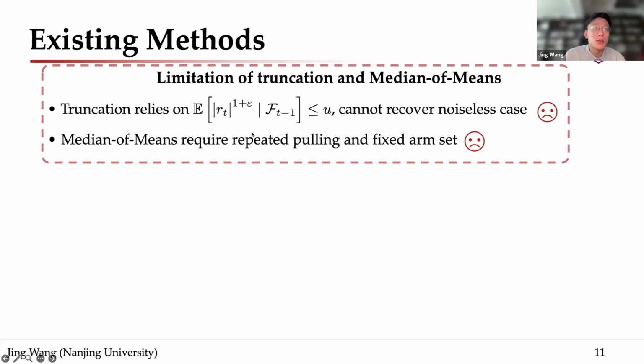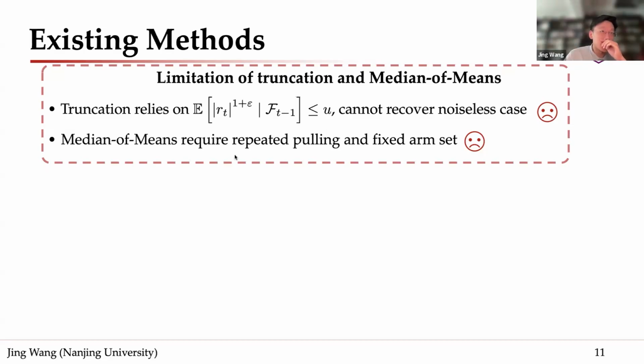But truncation always relies on the 1 plus epsilon moment of the reward being bounded. So this cannot recover the noiseless case, because when the noise is zero, the 1 plus epsilon moment of the noise will be zero, but the 1 plus epsilon moment of the reward is still bounded by a constant, so it cannot distinguish the noisy case from the noiseless case.